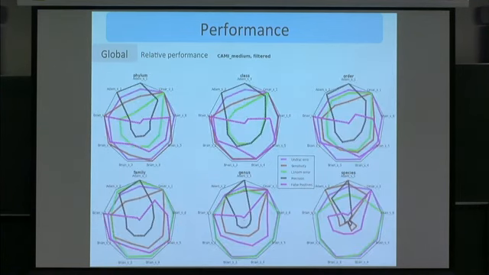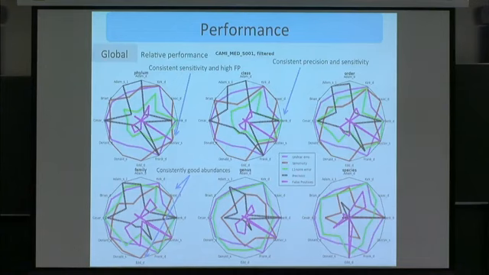So that's no surprise, etc. Caesar again down here, if you notice, has high sensitivity, but unfortunately the unifrac error and L1 norm are the worst. It's getting the identity correct and it's getting the relative abundances incorrect, basically. And you can see that over here as well.